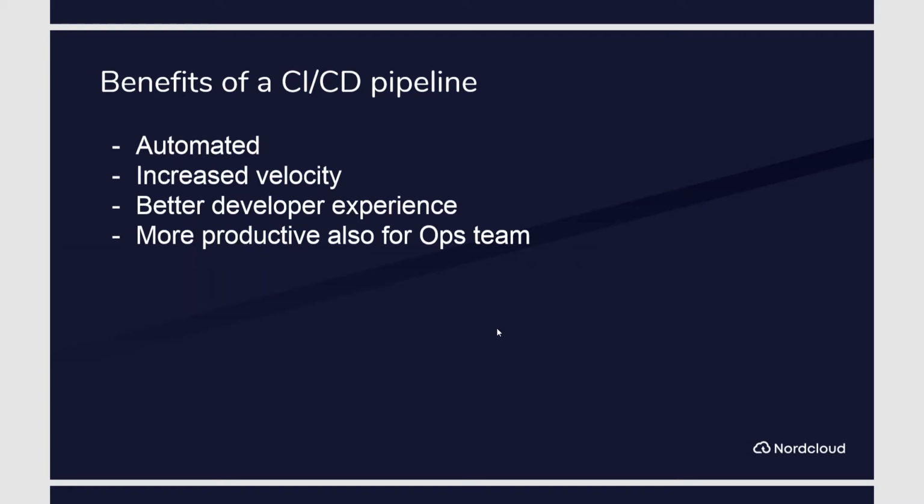The increased velocity comes from this automation. When you have automation in place and automated testing in the pipeline, you are able to deploy new versions of software even several times a day, maybe several times per hour. And it's not always big version updates.